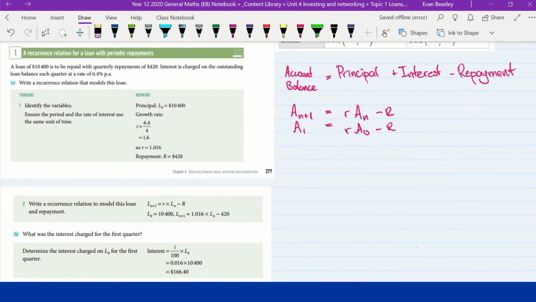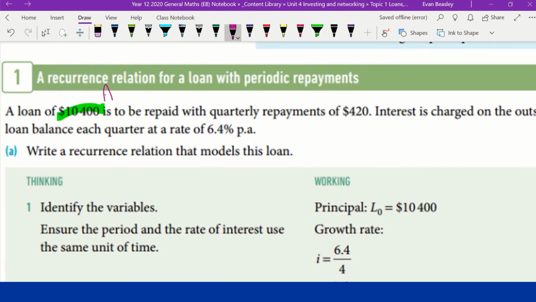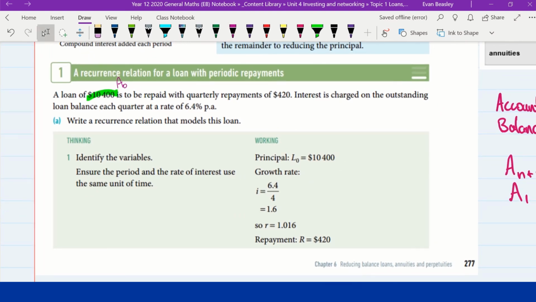A loan of $10,400. Straight away we can see that, yes, that's got to be, in this case, A0. To be paid with quarterly repayments of $420. Well, here's our $420, and that's going to be our capital R. Interest is charged on the loan balance at each quarter at a rate of 6% per annum.